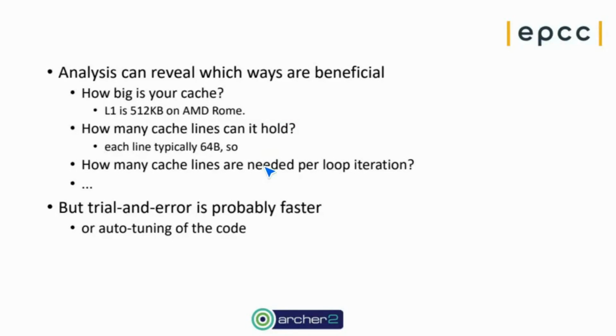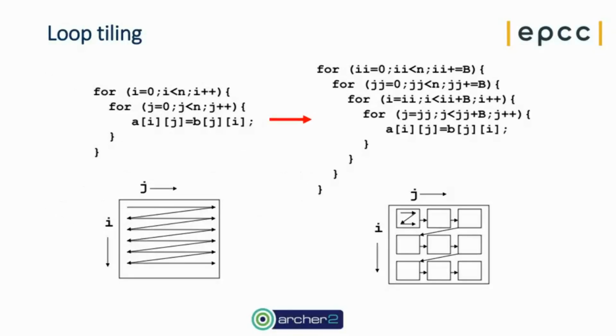So it is possible to do some back of the envelope calculations to figure out what good cache block sizes will be, but on the other hand, it might just be easier to make it a parameter and do some experiments.